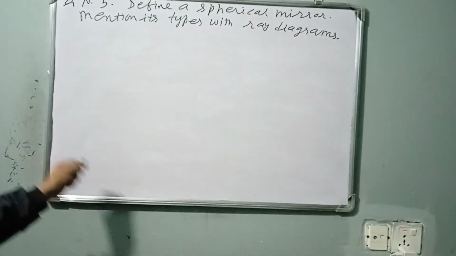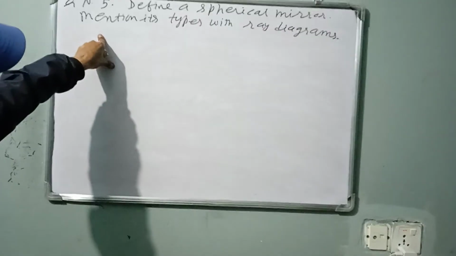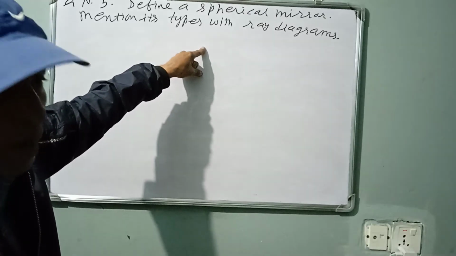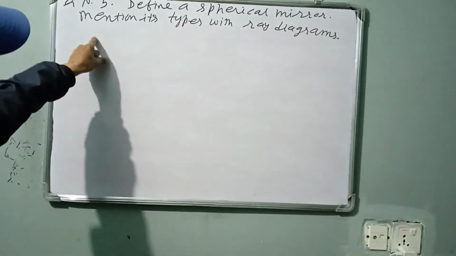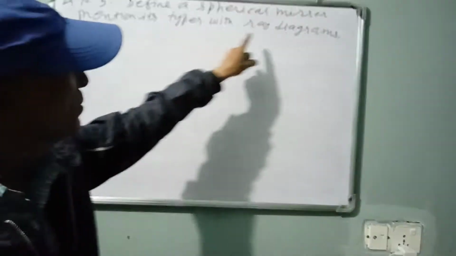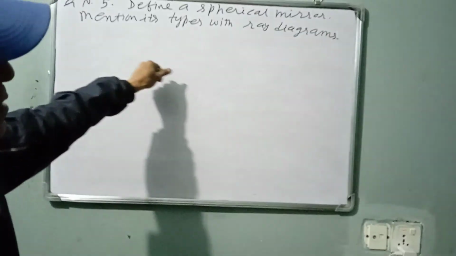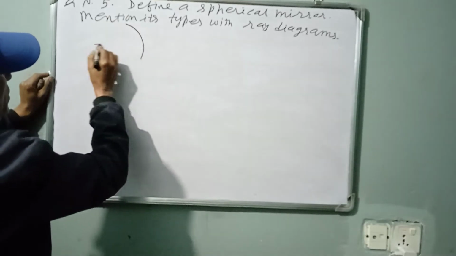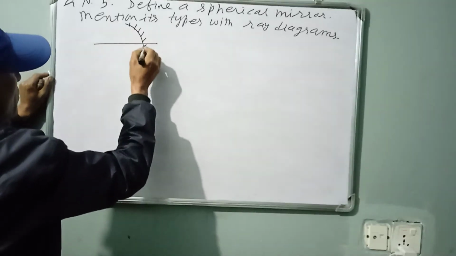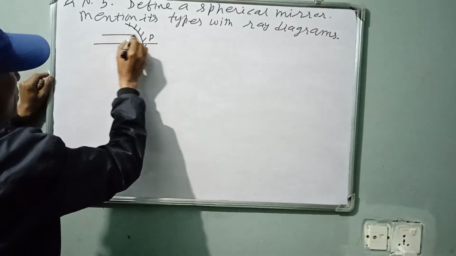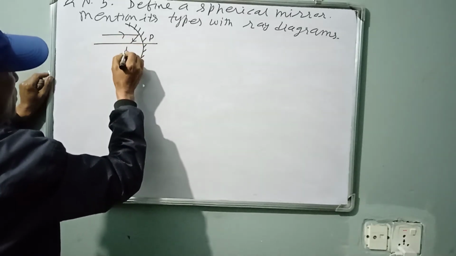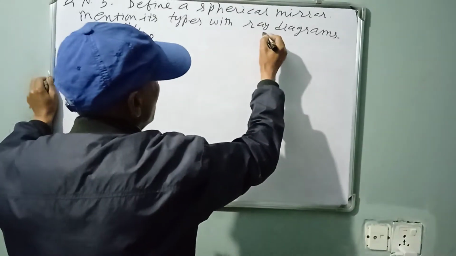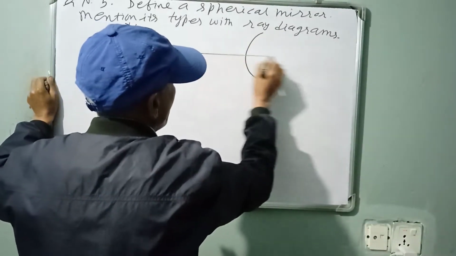See, a spherical mirror is a part of that sphere which forms a part. There are two types of spherical mirrors, convex and concave. How to draw the diagram? Simple diagram is this. Concave mirror, convex mirror.